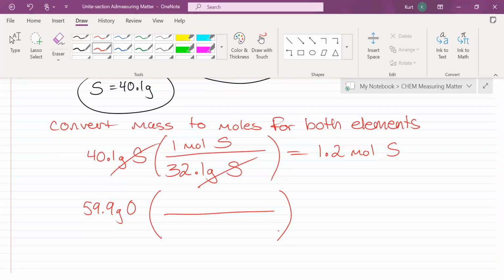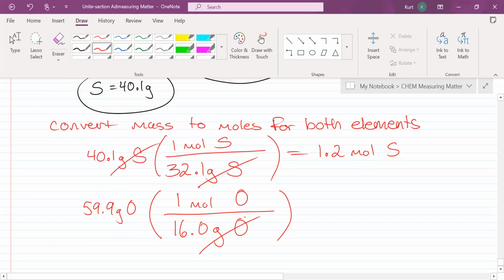Okay, 16 what, Jade? And where do we put the 16 grams, top or bottom? Very good. Hey Siri, what is 59.9 divided by 16? 59.9 divided by 16 is about 3.7437. So we'll say 3.7 moles of oxygen.